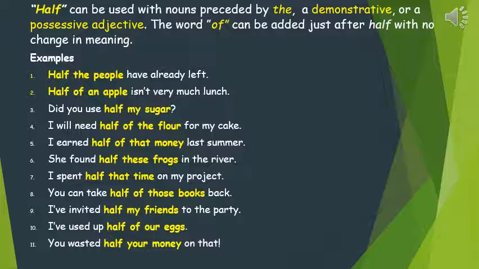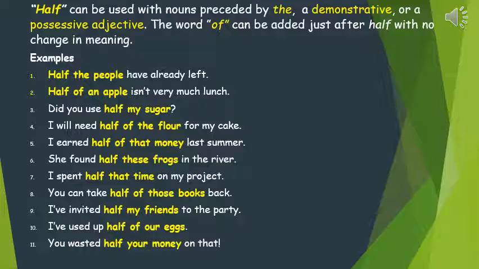Half the people have already left. هنا استخدمنا half بعدها اسم قبل منه definite article ده. Half of an apple نصف تفاحة برضو اسم قبل منه article اللي هو indefinite article an. Did you use half my sugar؟ هنا استخدمنا اسم قبل منه possessive adjective اللي هي my.